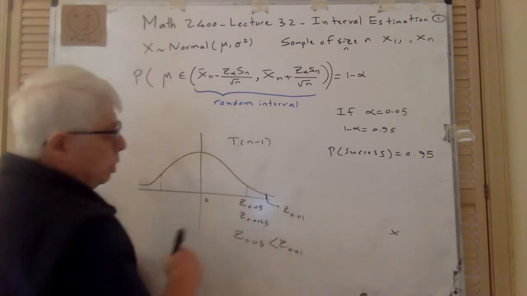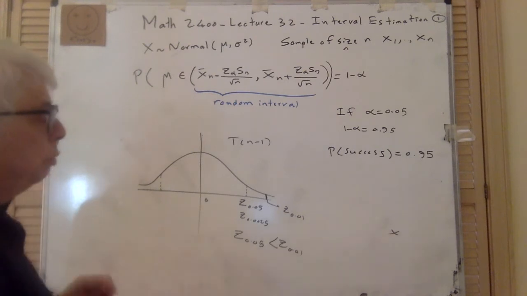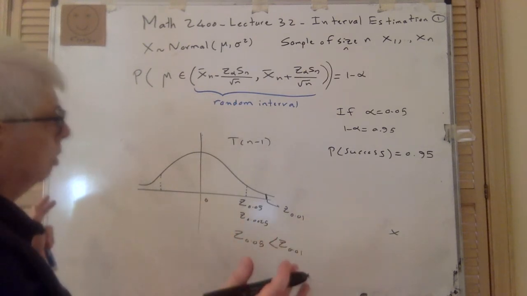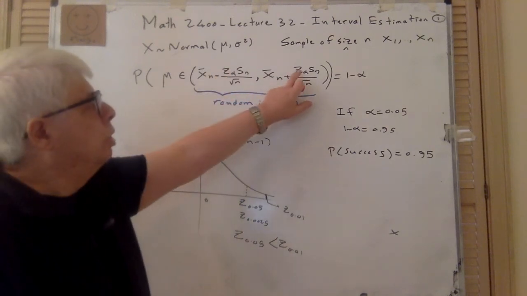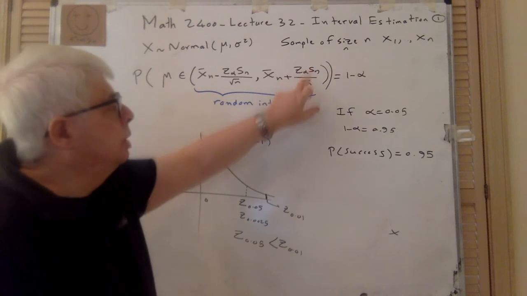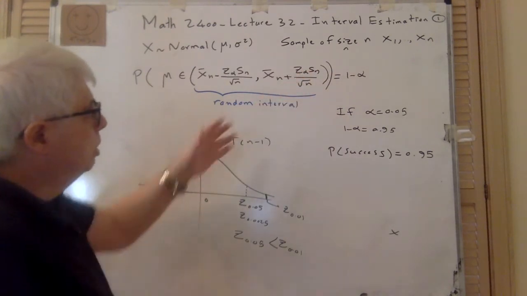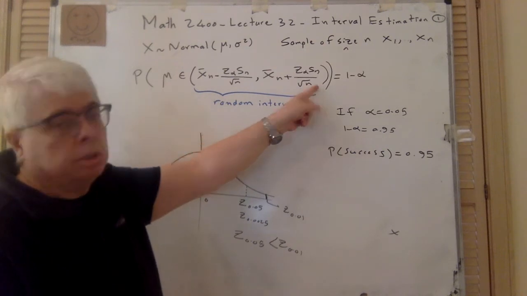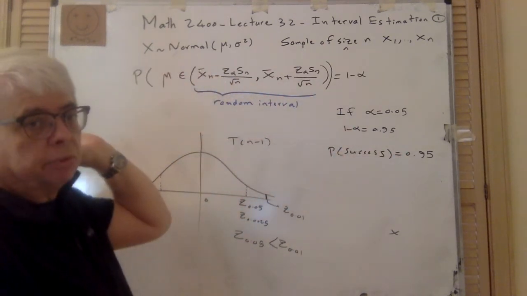So alpha 0.01 will give me a larger interval. You see, this z is here. If I have a larger number here, with the same x bar n, Sn, and square root of n, if this z alpha gets larger, then this endpoint goes to the right, and this endpoint goes to the left.